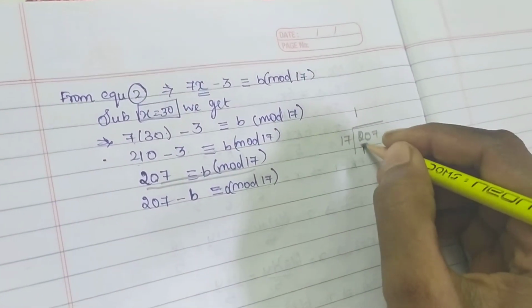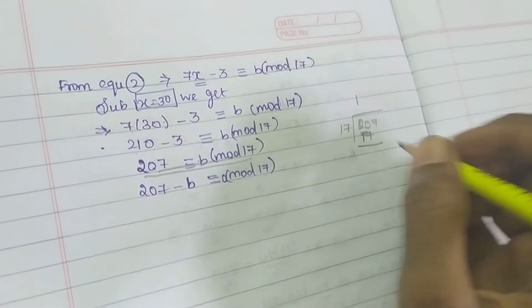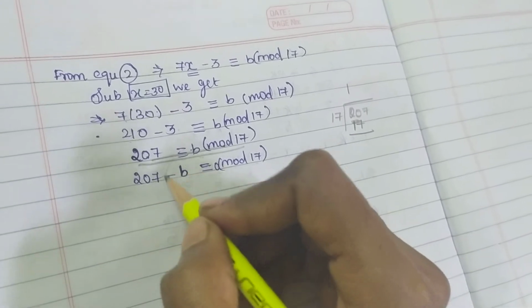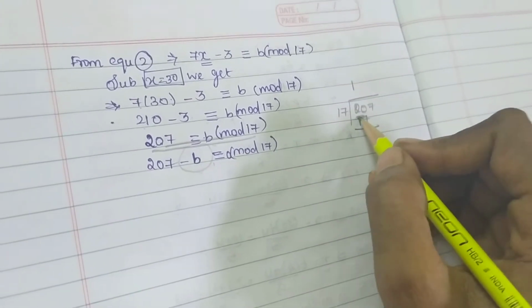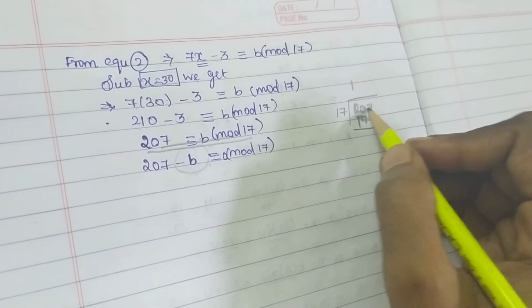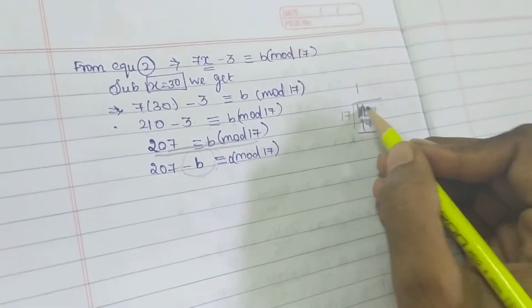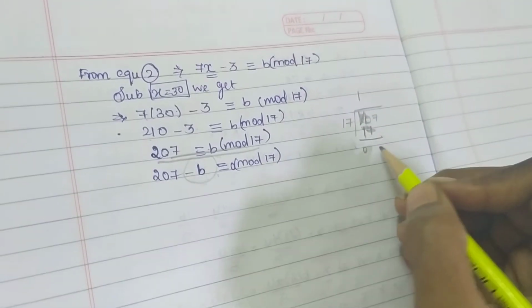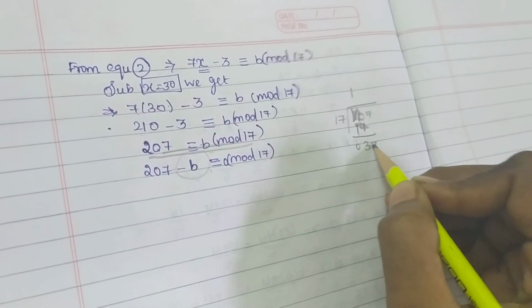If you have a remainder, that is your b value, so you are going to find your b value, that's why I am using this. So what is our balance?